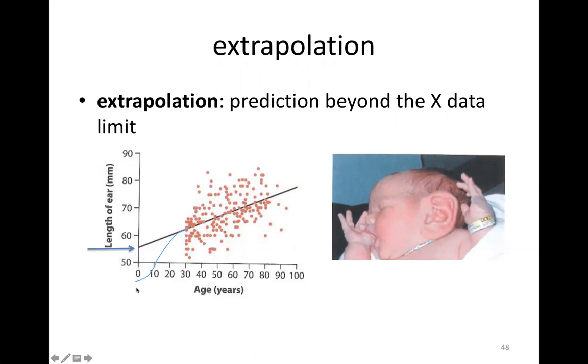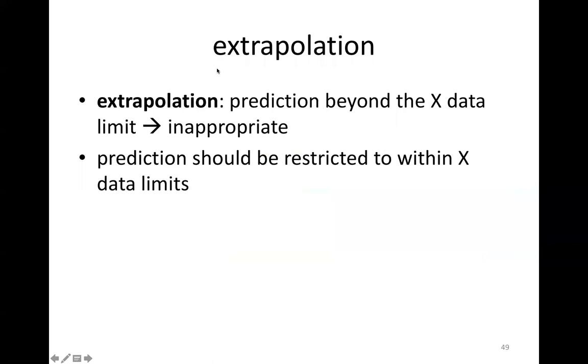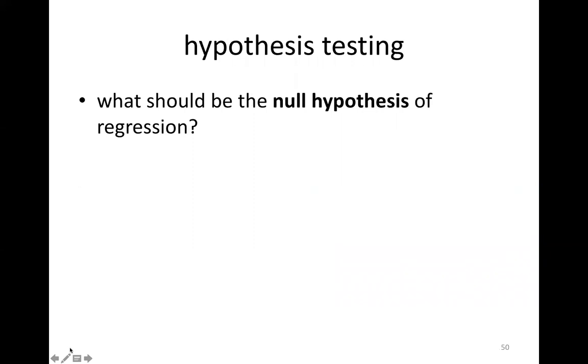But we don't have any information about what's going on here. So it's most prudent not to make extrapolation, not to try to make predictions outside the original range. Prediction should be restricted to within the x data limits.